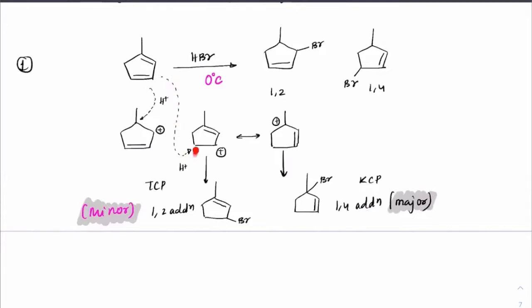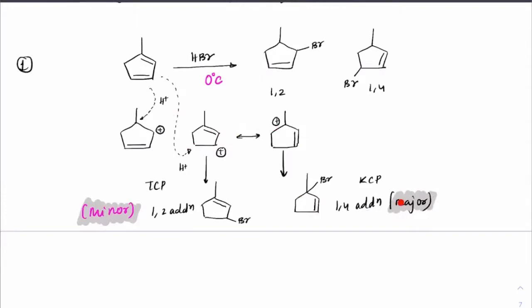So when you make an addition of H plus here, positive charge will form here. It can go through the most stable carbocation formation. This route can be handled at less temperature, which means you can easily go through this route at a lower activation energy and reach this product. Hence, at low temperature, this will be the major product.